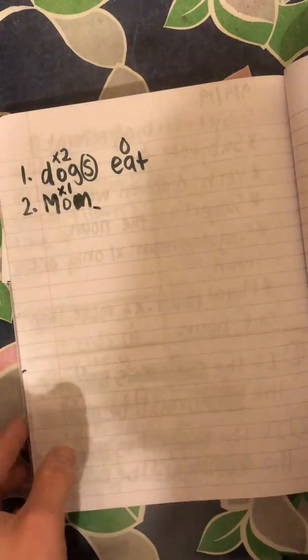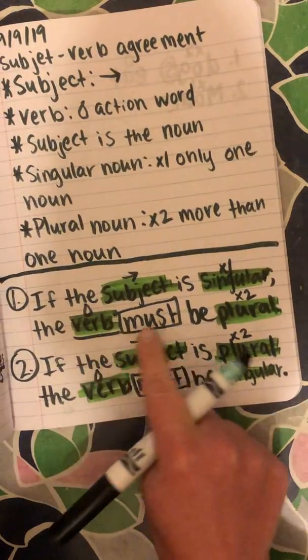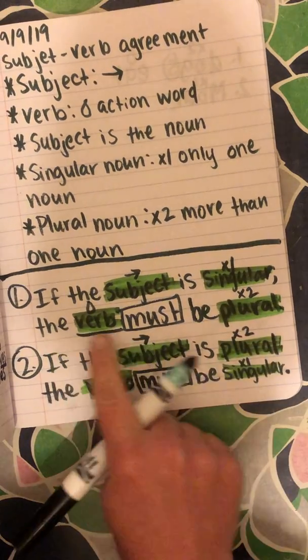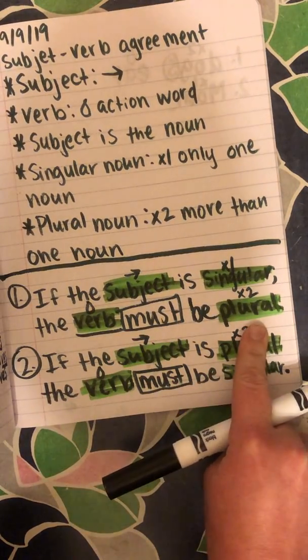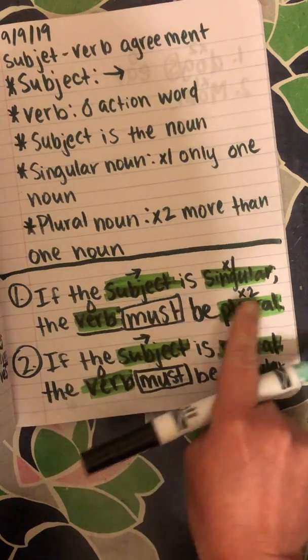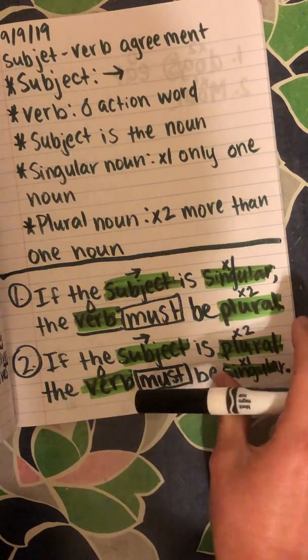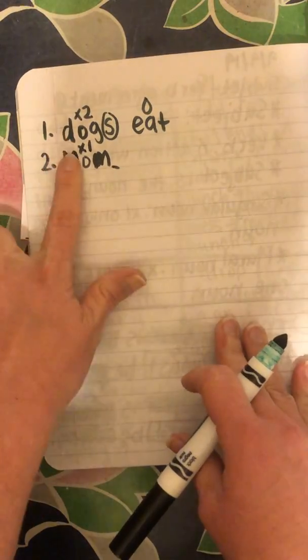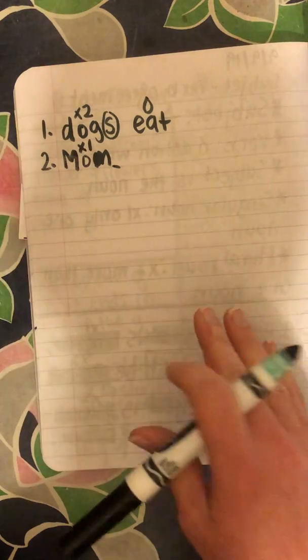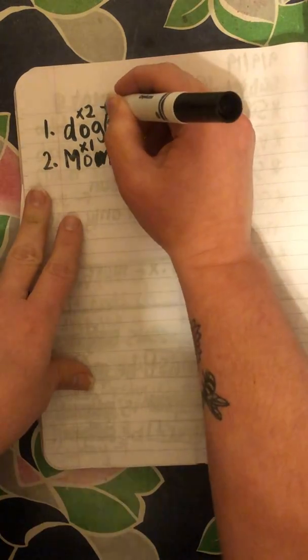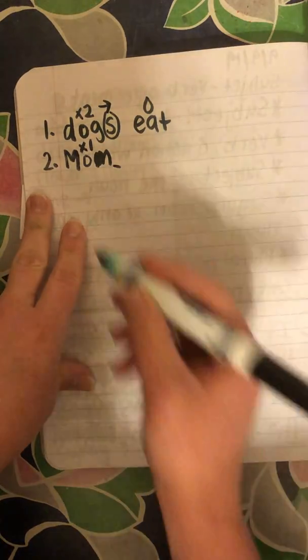If the subject is singular, the verb must be plural. Subject is singular, the verb must be plural, okay? So both of these should have 2 symbols over them, and I just realized that. So you've got ×2 arrow, ×1 arrow, okay?